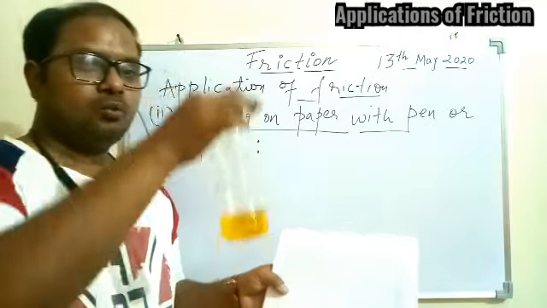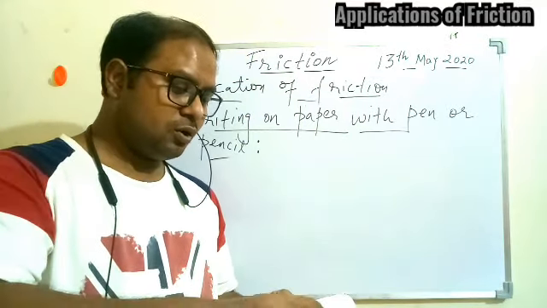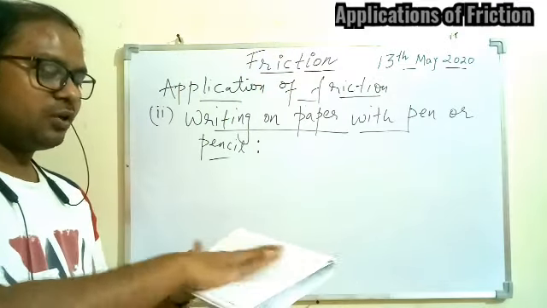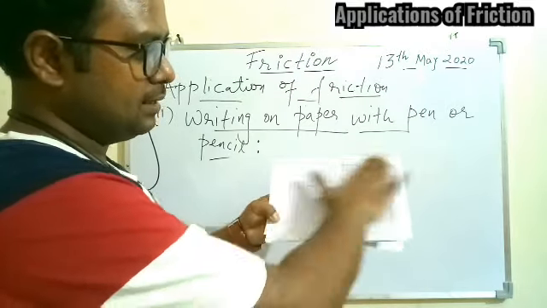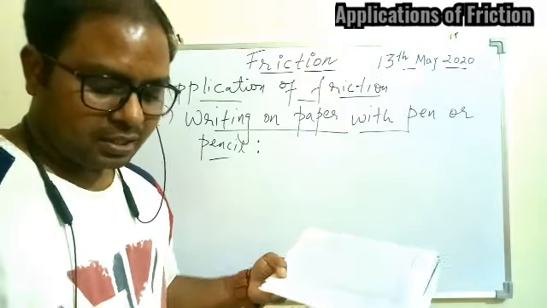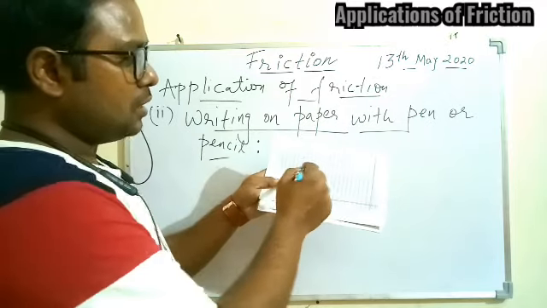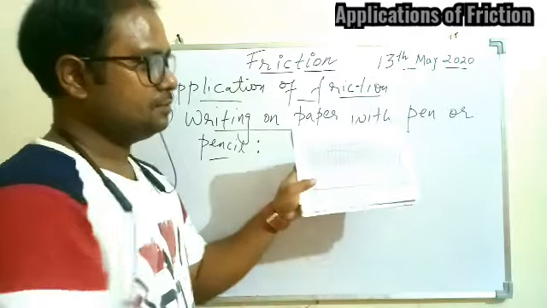If we take oil and the same oil is spread on it, very less amount, what will happen? This oil will fill the irregularities on the surface, yes or no? And now if we try to write on the same paper, it is difficult.